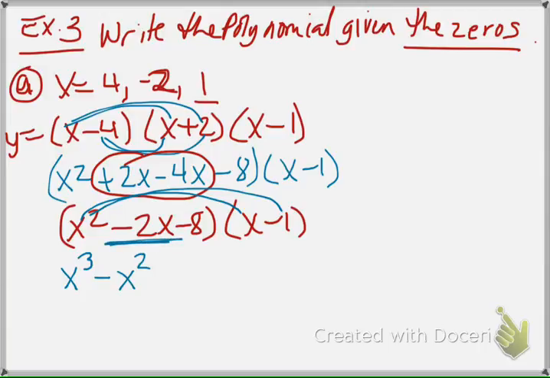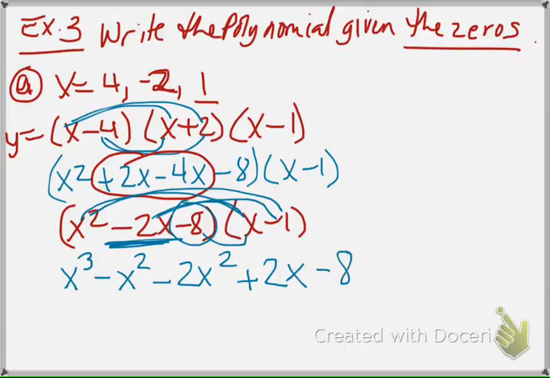Then we're looking at the middle term, negative 2x times x, negative 2x squared, negative 2x times a negative 1, positive 2x because it's a negative times a negative, and then we're going to do the negative 8. Negative 8 times x, negative 8x, negative 8 times a negative 1, positive 8.